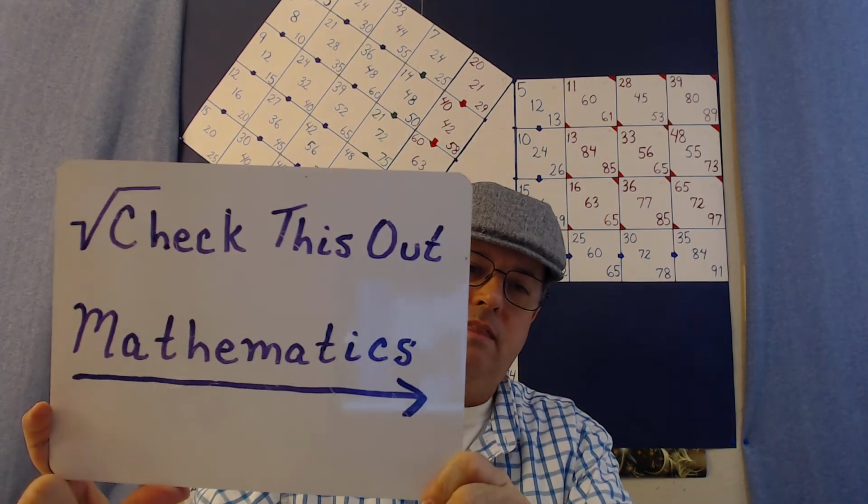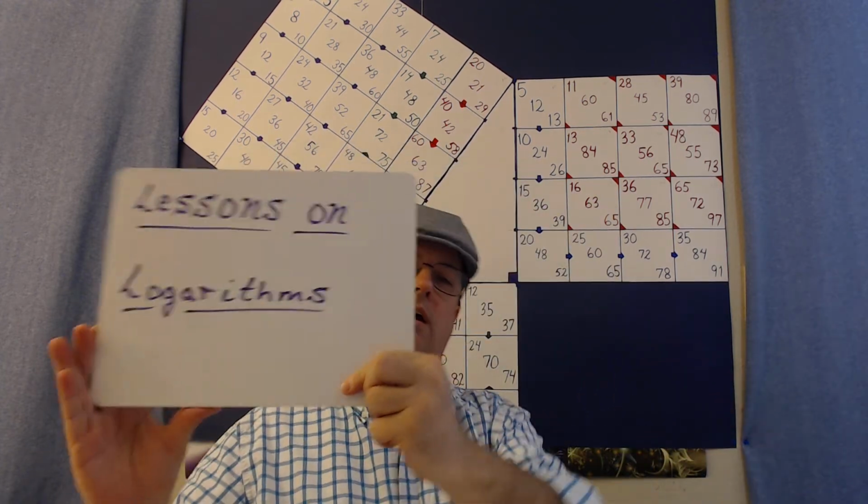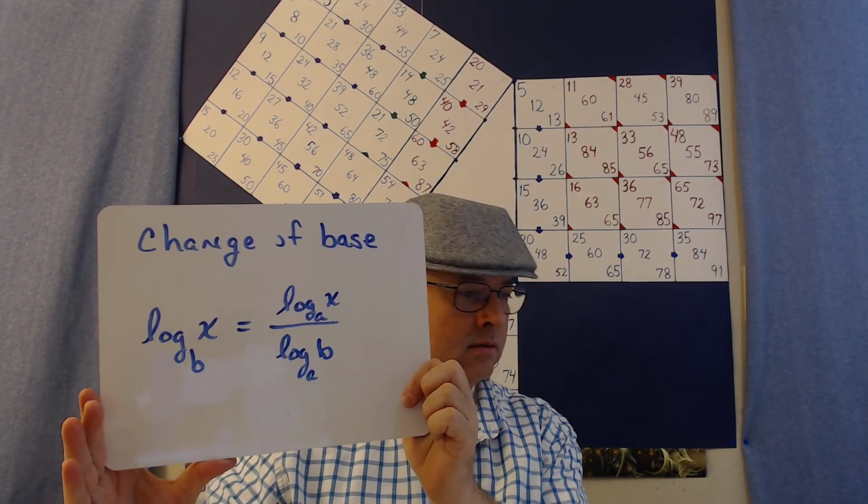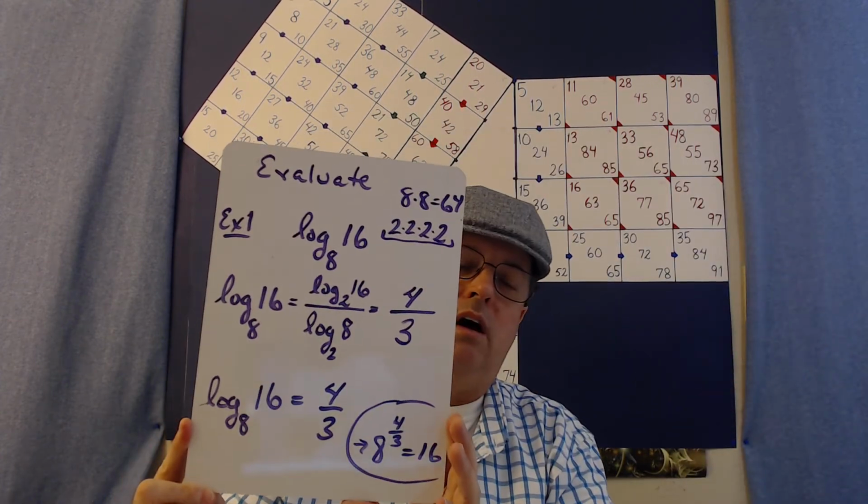Okay, awesome. Goodness, Mr. O'Donnell, you talk too much and teach too long. Well, let's call this another edition of Check This Out Mathematics. We're doing these lessons on logarithms. And in this episode, we did the change of base property, and we solved this problem.